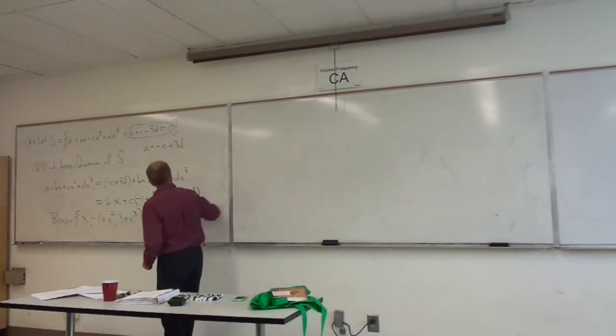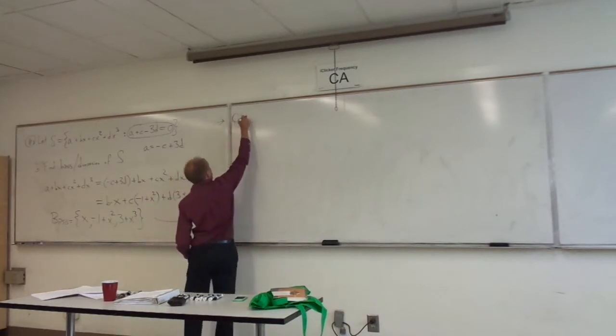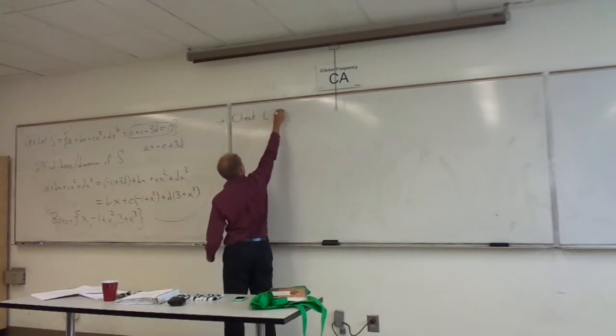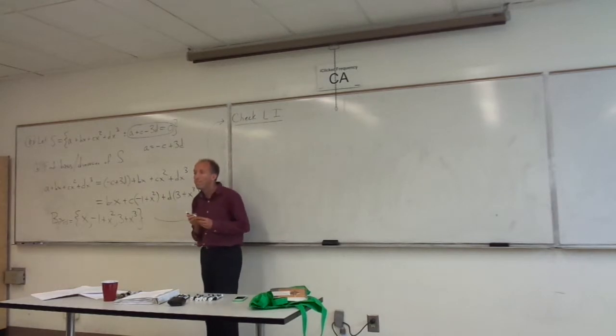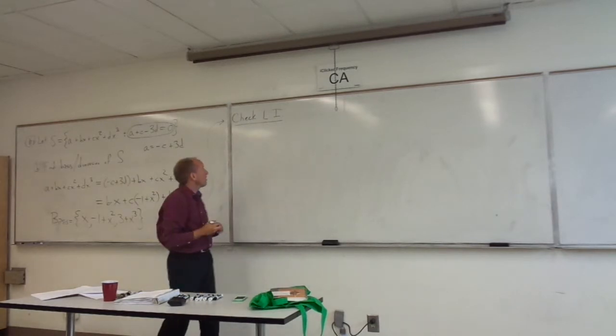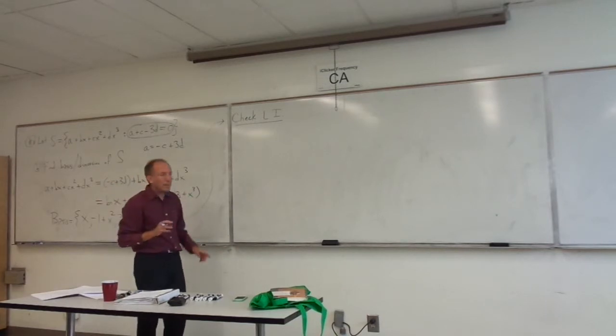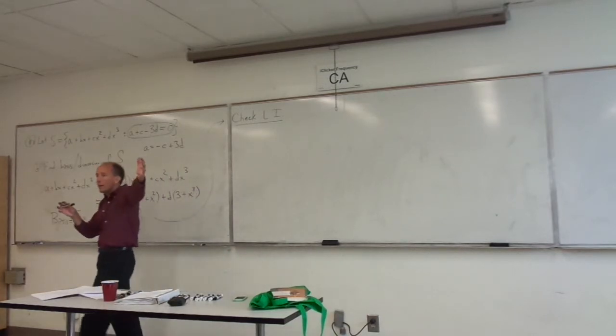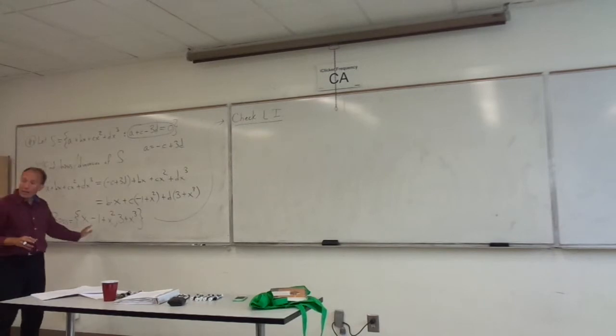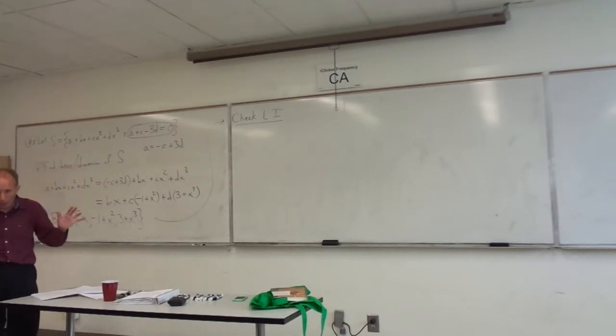So what I'm going to do over here on this board is check the linear independence part. If you remember how that works, basically you start off with a linear combination of your vectors, and you assume that it cancels out to 0 to begin with.